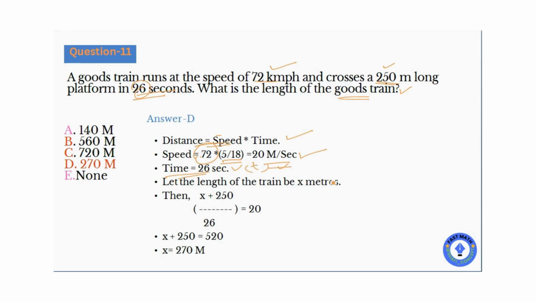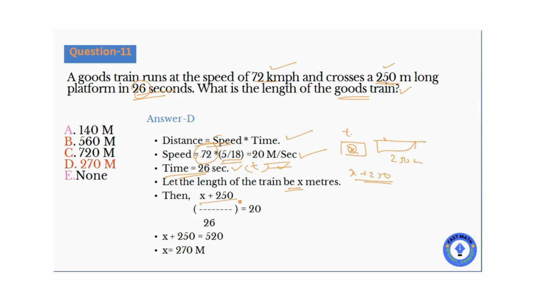As per the problem, the train has to pass the platform. You don't know the length of the train, so you consider it as x. What will be the length to be crossed by the train? That is nothing but x plus 250.